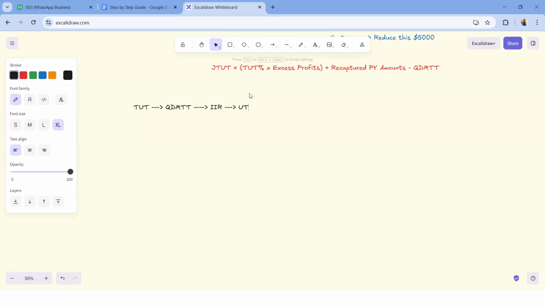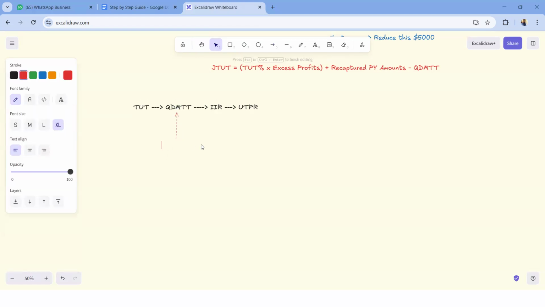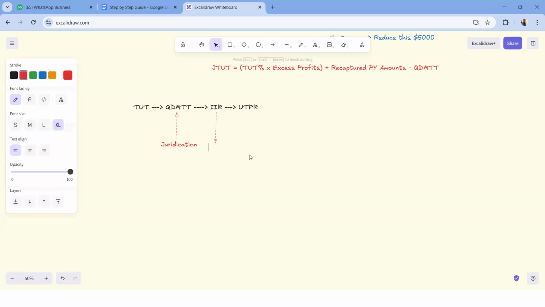Okay. So then you are with me. Fine. So who collects this? Let's understand who collects this. QDMTT would be collected by the jurisdiction where the MNEs are located. IIR would be collected by the parent entity.